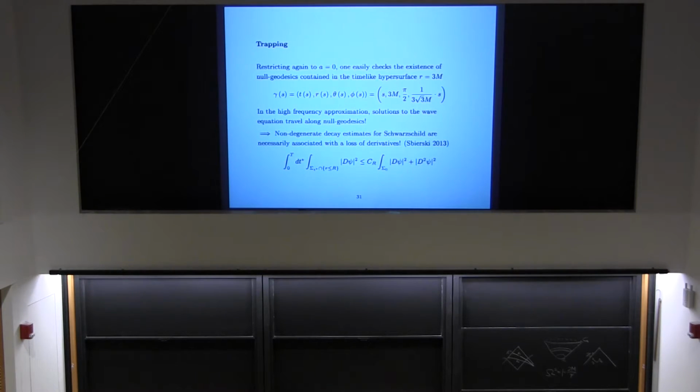What this means is that in proving this integrated local energy decay estimate that I alluded to earlier, you can prove such an estimate, but you lose a derivative, so you have to include higher derivatives on the right-hand side of your estimate. Without the last term in the last formula, the estimate would be incorrect, and that's a result of Sbierski based on classical results of Ralston.